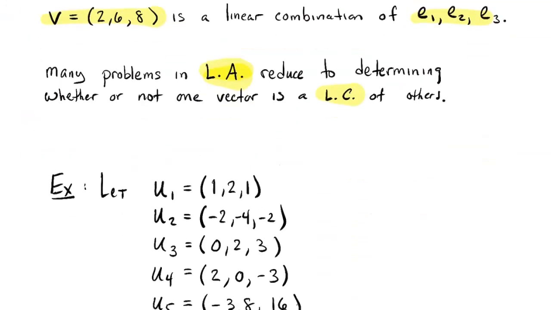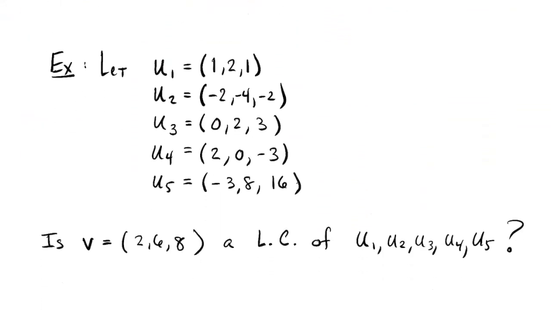Okay. Let's look at an example that illustrates that. Here, I'm taking a bunch of vectors in R3. So all of these are triples of real numbers, and I'm going to assume they're vectors in the vector space R3. I'm going to keep that same v, (2, 6, 8), and ask the question: is v a linear combination of these things? What is that question asking?